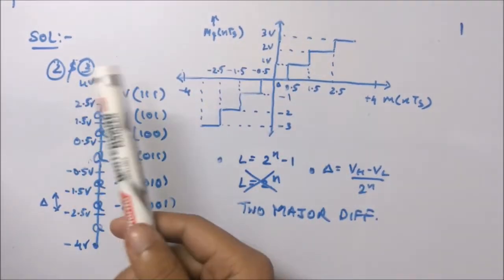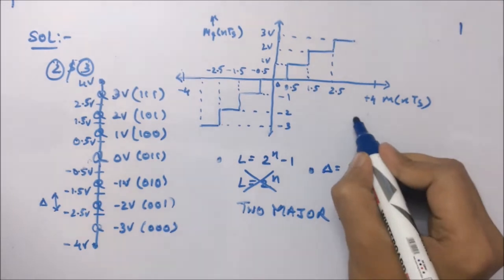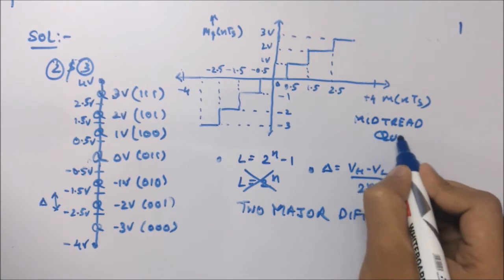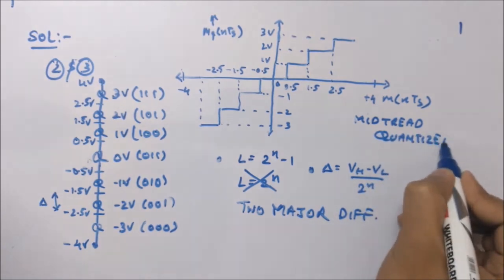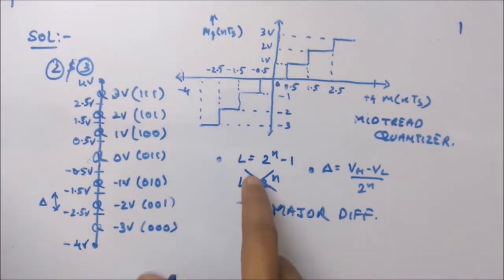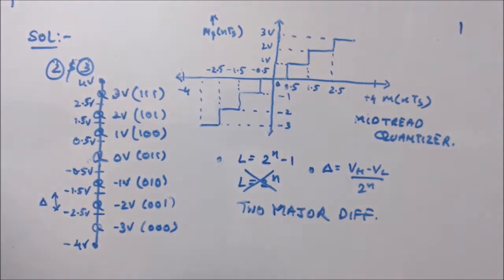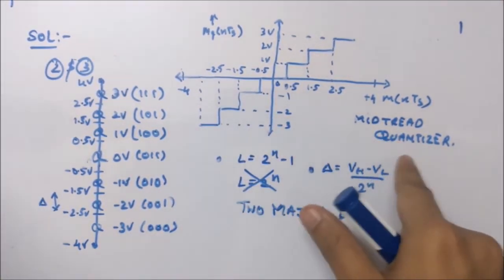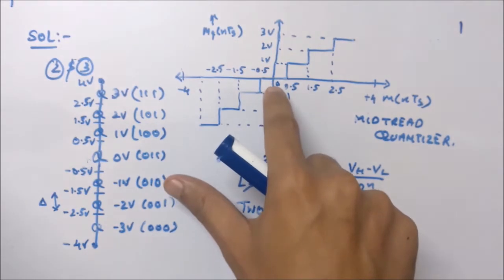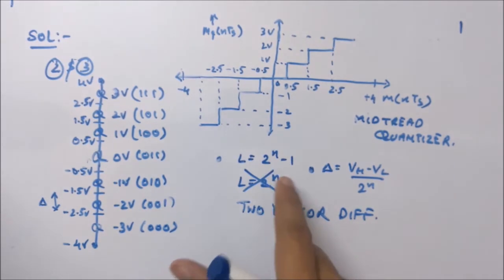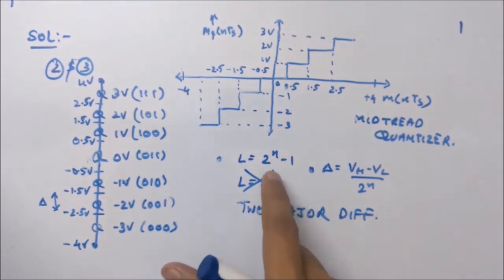Now in the case of a mid-tread quantizer, there are two major differences. First, L will not be equal to 2 to the power n, it will be equal to 2 to the power n minus 1, because in the mid-tread quantizer characteristic, one of the quantized values will be 0 volts, and that is why instead of 8 you will have 7 quantized levels in this case.